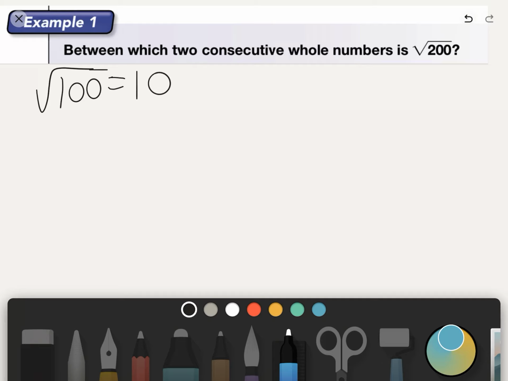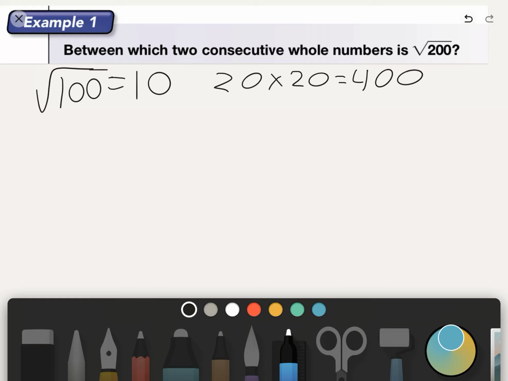So maybe we could think of just doing a little guesstimation. Well, if 10 times 10 is that, maybe if we tried 20 times 20 equals 400. No, we way overshot. So maybe go down to something a little more in between.